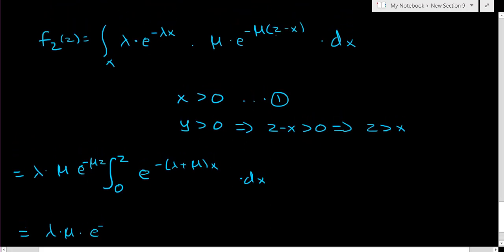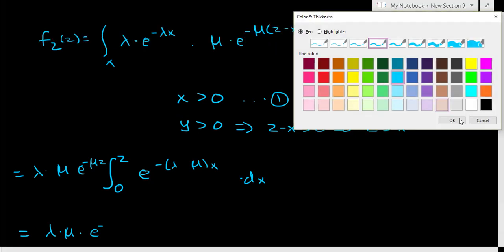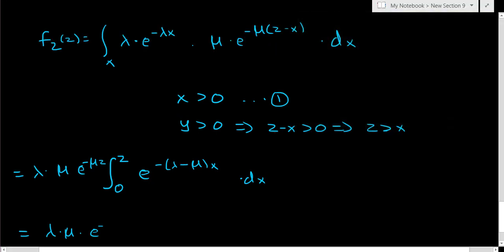Also, here x is positive, so this would be a negative sign here, because if I multiply minus mu with minus x, that becomes plus mu x, and since I have a negative sign in the power already, I've taken a negative sign inside in order to make it plus mu x.